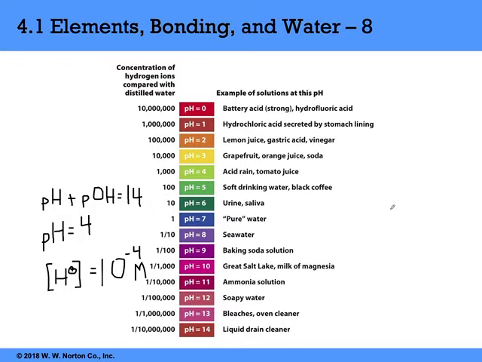Now, you might wonder what that capital M is, okay? That capital M just means molar, all right? And that just means the number of moles of something per liter. Moles per liter, okay? Liter is just a volume measurement.